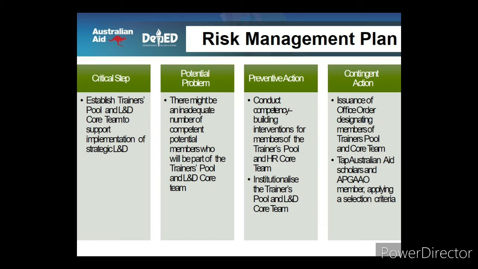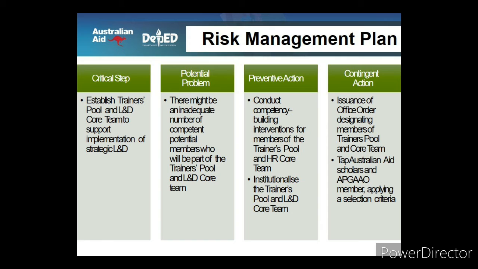For critical step, an example is to establish a trainers pool and learning and development core team to support implementation of strategic learning and development. Under potential problem, there might be an inadequate number of competent potential members who will be part of the trainers pool or L&D core team.